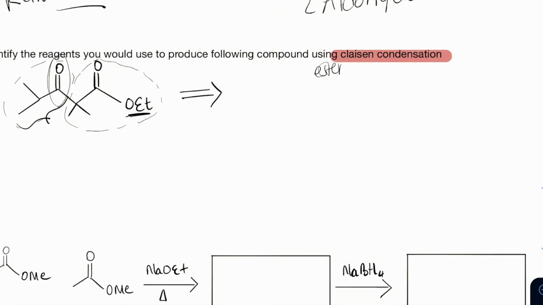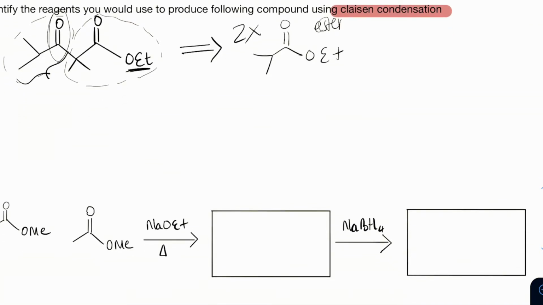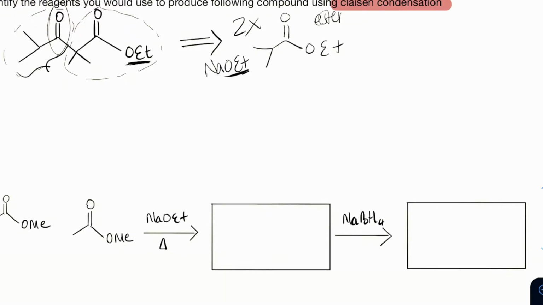So let me just write out the reactant for this retrosynthesis. It's going to be this, and it's actually going to be 2 times that, so I'll just put 2 times. And let me prove that to you guys.